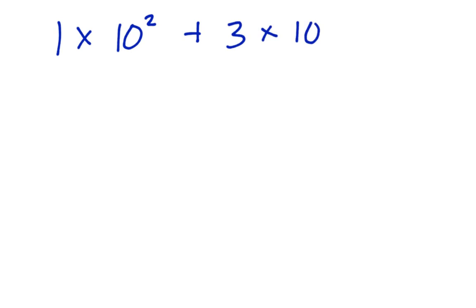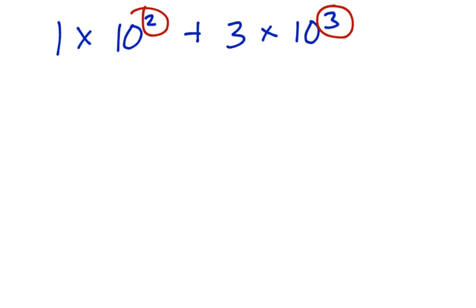To show these examples, we could have the number 1 times 10 to the second plus 3 times 10 to the third. To understand this situation, you have to actually move the decimal point to make them the same exponent. Note here that we have 2 and we have 3. It doesn't matter which one you move, however, one of them needs to change.